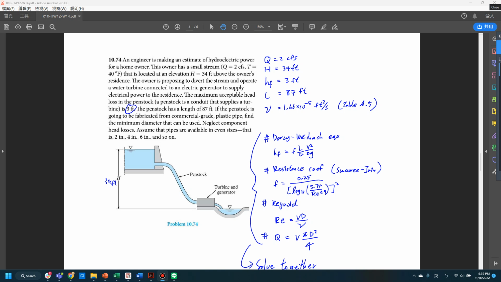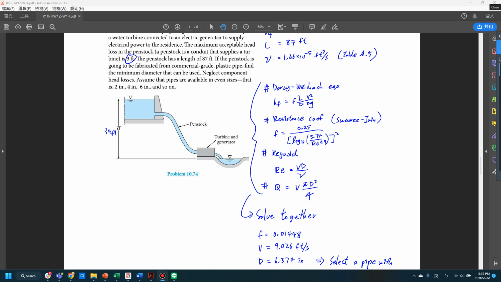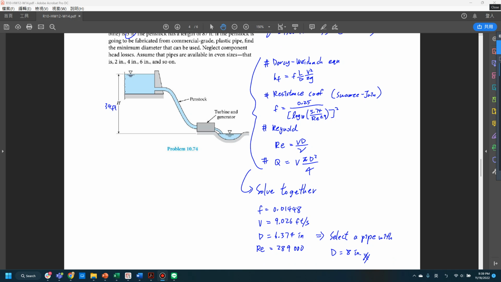After we have these four equations, you can solve all the variables together, and you get that F is equal to 0.01448, the velocity is equal to 9.028, D is equal to 6.374 inches, and the Reynolds number is 289,000.